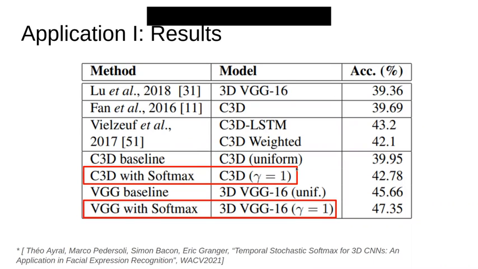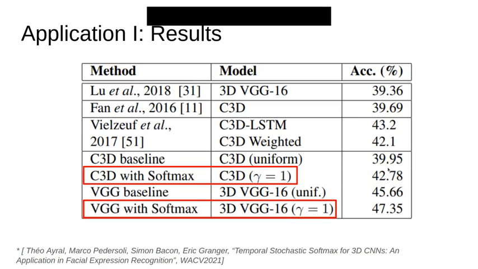But what we did is take a simple baseline, actually two baselines. One is based on C3D, which is a simple 3D neural network. And another one is based on an inflated version of VGG for 3D convolutional recognition.